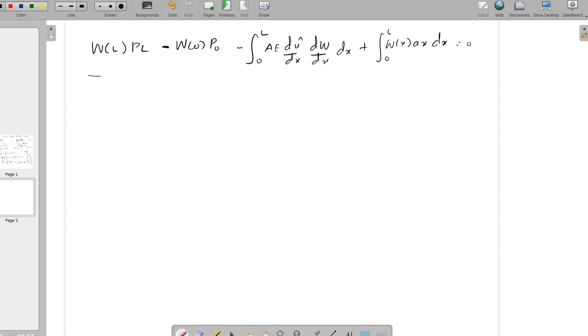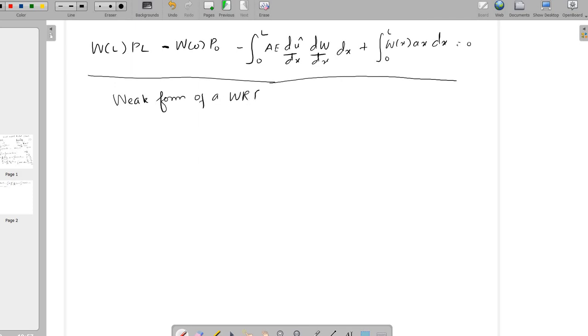So this is the complete statement which represents the weak form of a weighted residual function. And further we can simplify that.